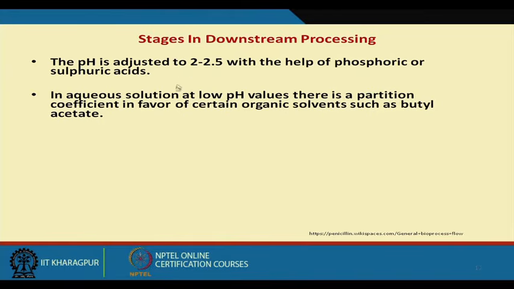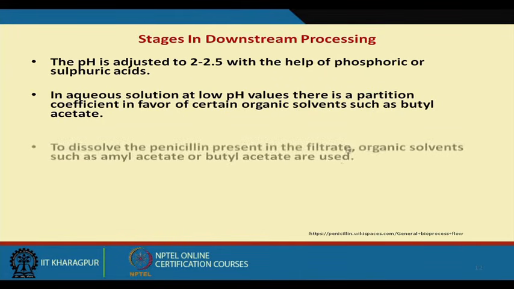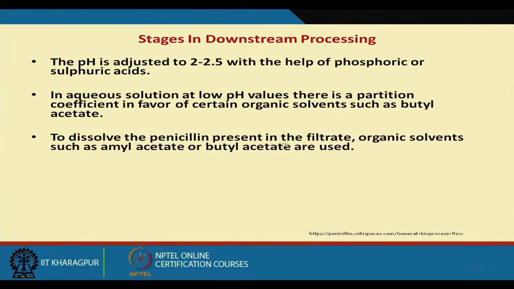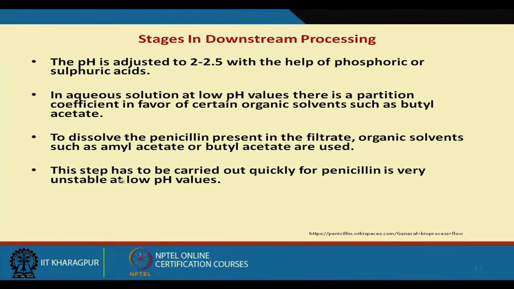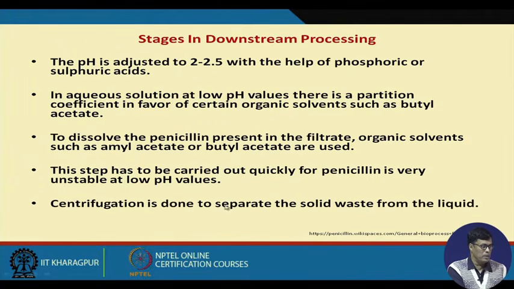Most of the penicillin present in the aqueous layer goes to the solvent layer, and to dissolve the penicillin present in the filtrate, organic solvents such as amyl acetate or butyl acetate are used. These steps have to be carried out quickly, because penicillin, particularly penicillin G, is very unstable at low pH. Then centrifugation is done to separate the solid waste from the liquid.